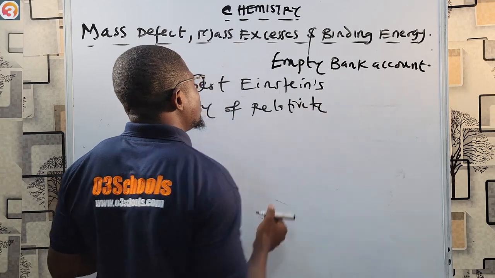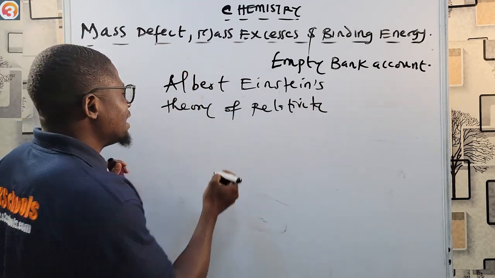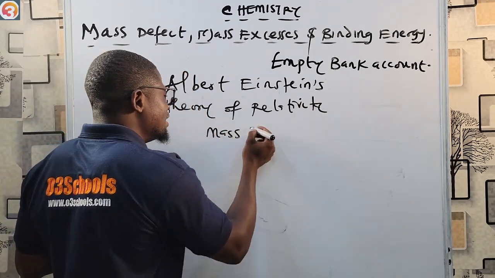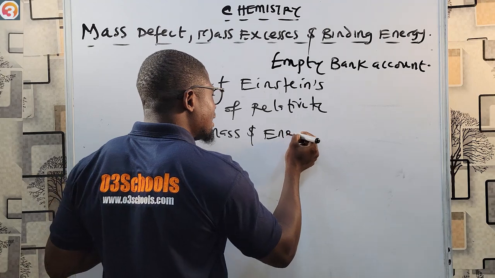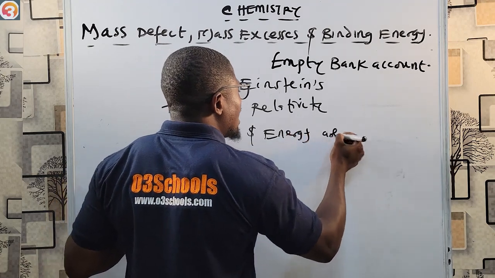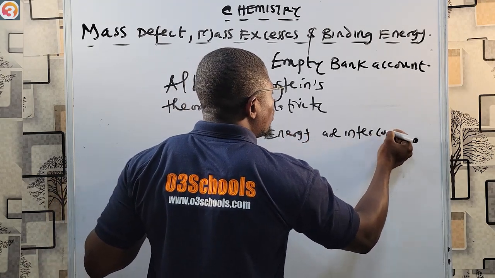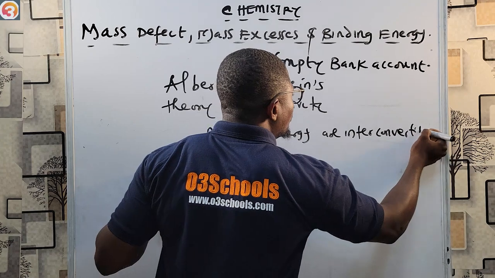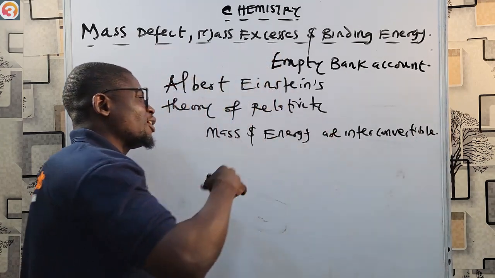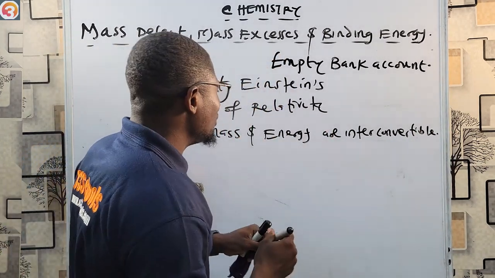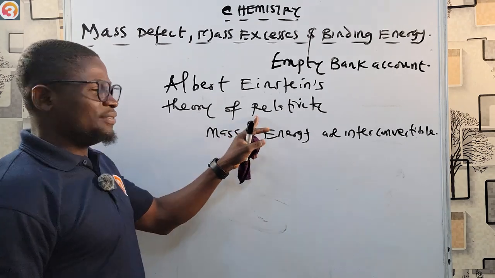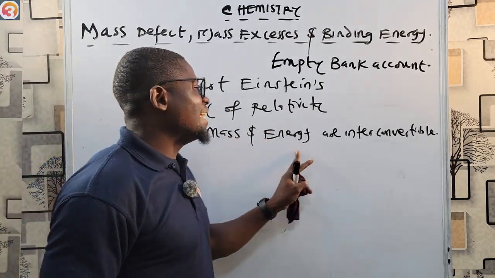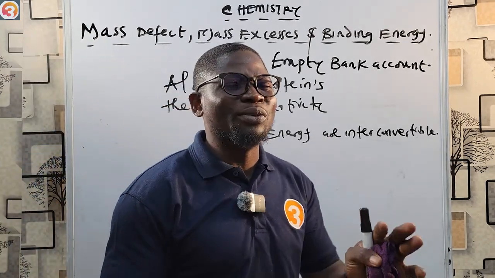According to Albert Einstein's theory of relativity, he said that mass and energy are interconvertible. Okay, they are interconvertible. According to Albert Einstein's theory of relativity, mass and energy are interconvertible.